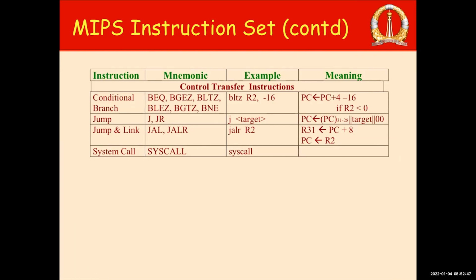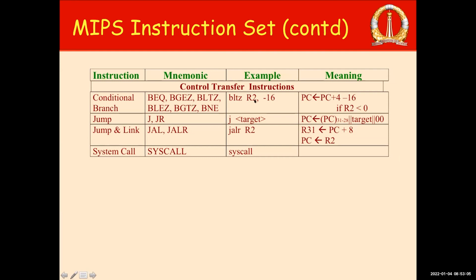Lastly, we have control transfer instructions like conditional branch instructions. Examples of this are branch equals 0, branch not equal 0, and so on. Here the condition operand is specified by means of a register R2.